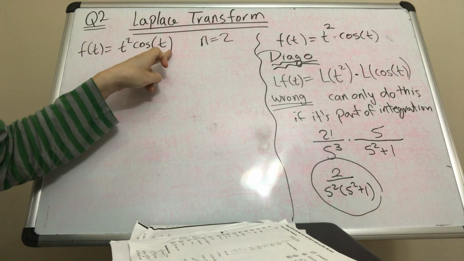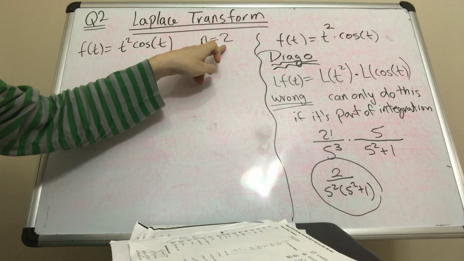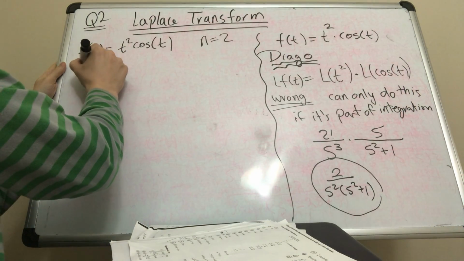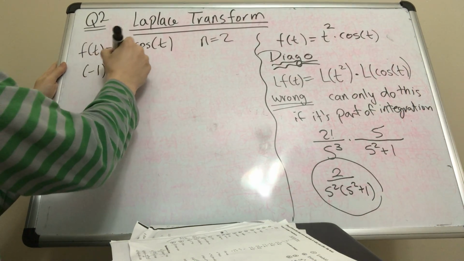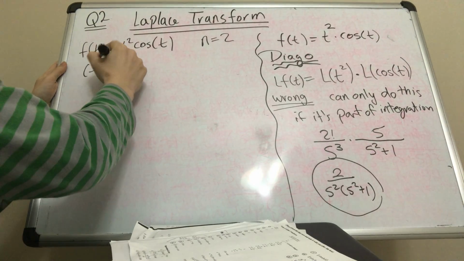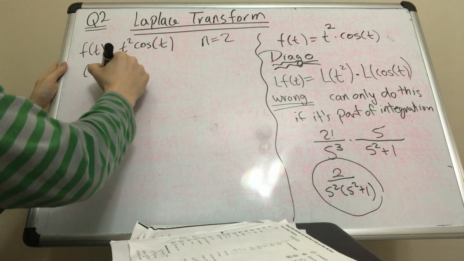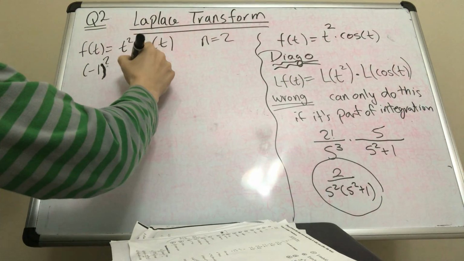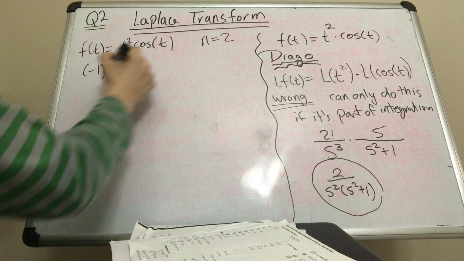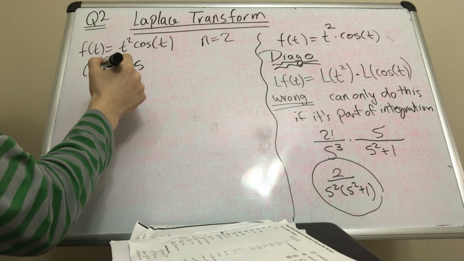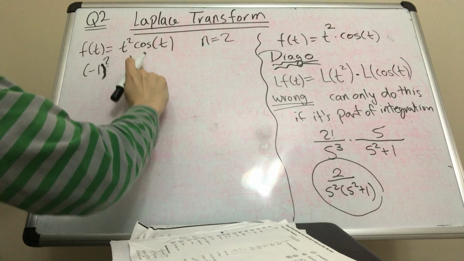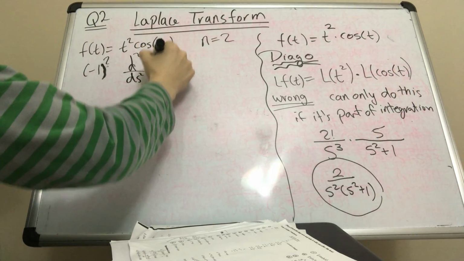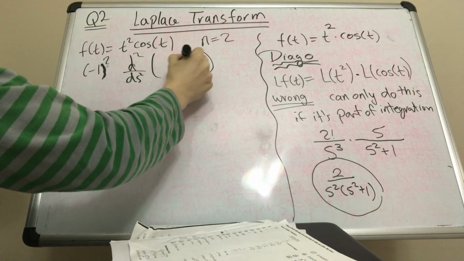So you transform this with the second derivative. And the sign will be negative 1 to the n, which is negative 1 squared, which is positive, so it's not going to matter. So we're going to take the second derivative of the transformation of cosine.